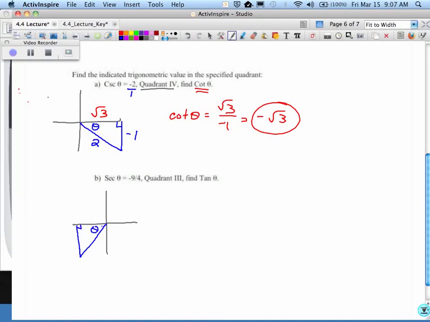I put the negative with the 4 because it's going left. The hypotenuse is never negative. What's 81 minus 16? 65, so that's the square root of 65. But it's going down, so make it negative. Now the tangent is opposite over adjacent, so negative square root of 65 over negative 4, which is the square root of 65 over 4.